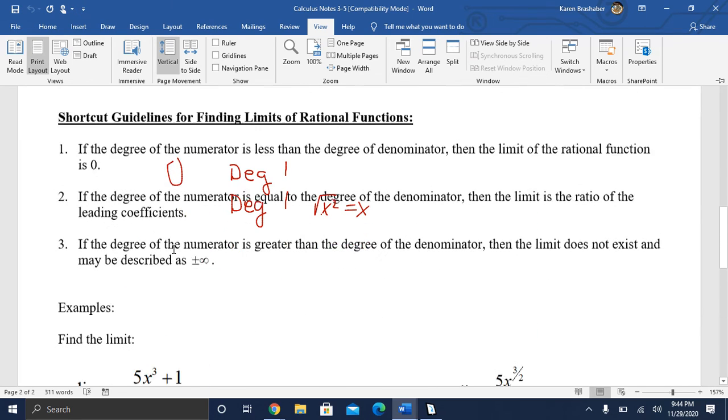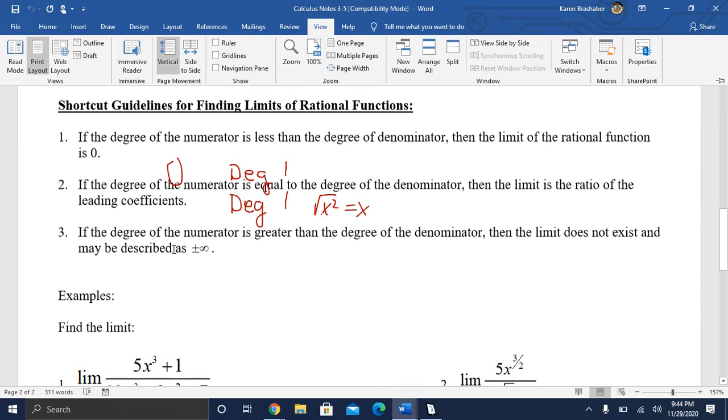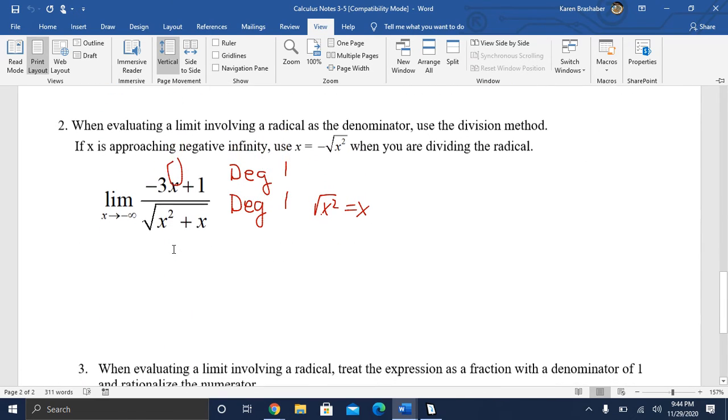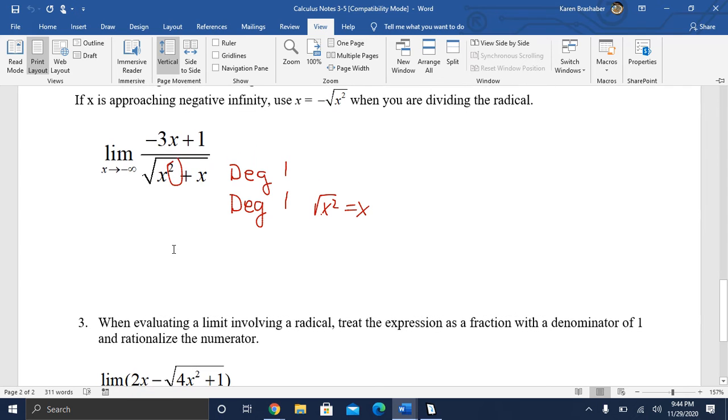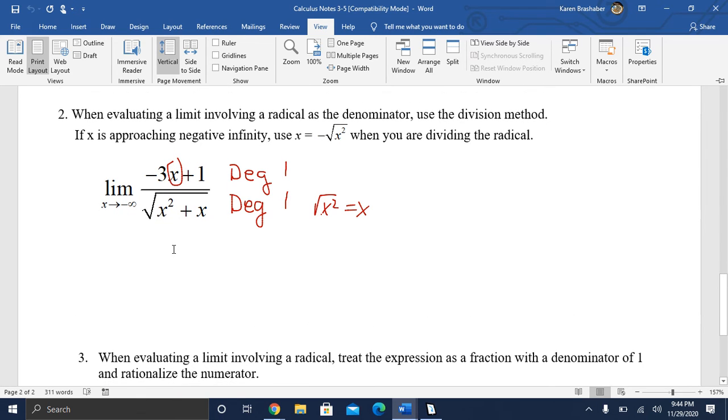And when the degrees are equal, that's number 2, it says that the limit is the ratio of the leading coefficients. So we'll have the coefficient in front of the square root would just be a 1. But remember that we're approaching negative infinity. So in the plus or minus, this would actually be minus.